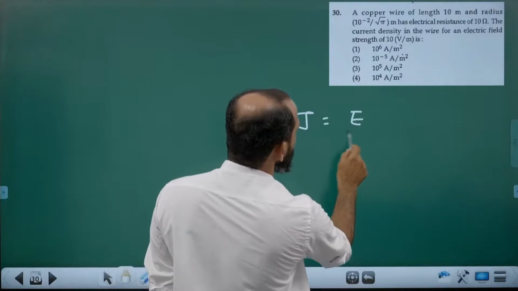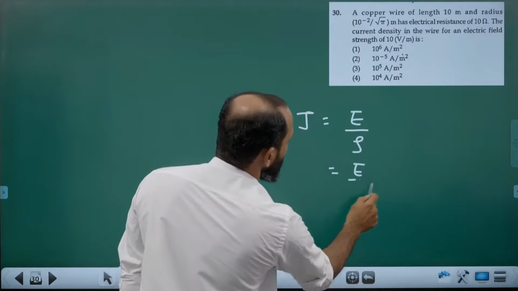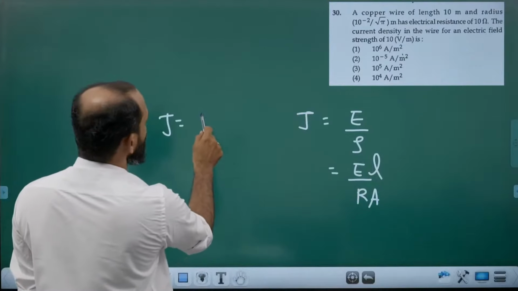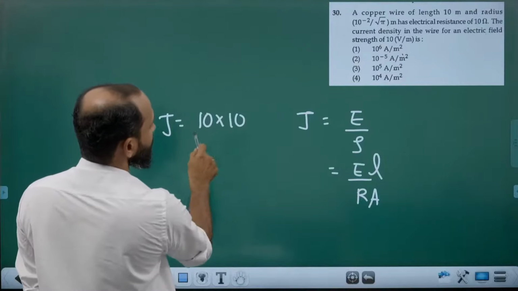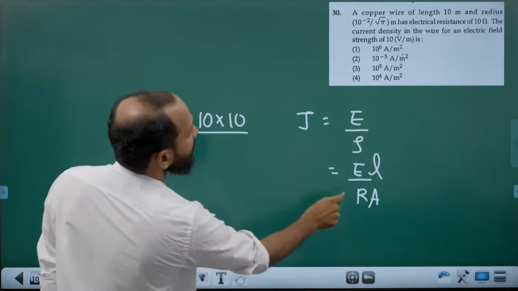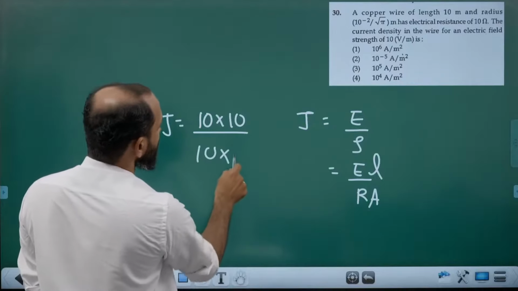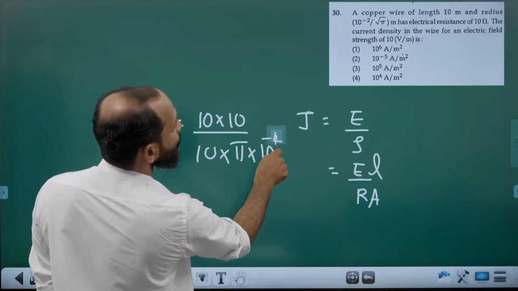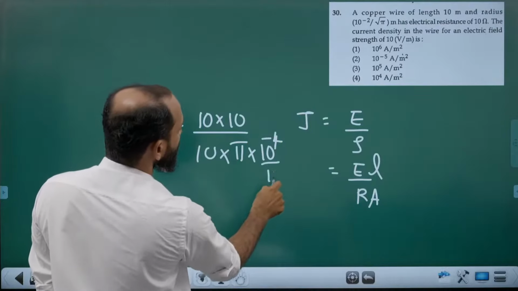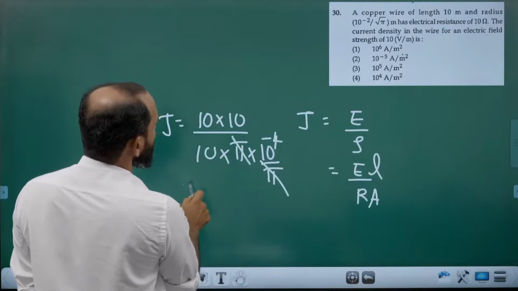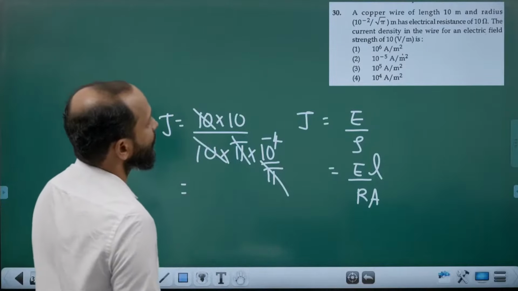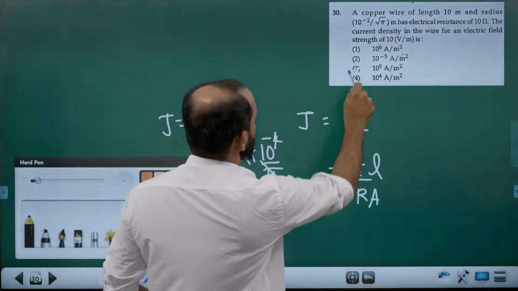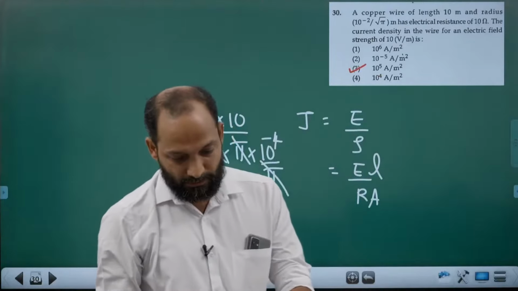J is equal to E divided by rho, where rho is RA divided by L. That implies J equals electric field 10 volt per meter, length 10, divided by resistance 10 ohm, area pi r square, but r is given, so squaring, 10 power minus 4 divided by root pi square, so that pi gets cancelled, then you get the answer 10 power 5. So option 3 is the right choice. So 30, correct answer is option 3.